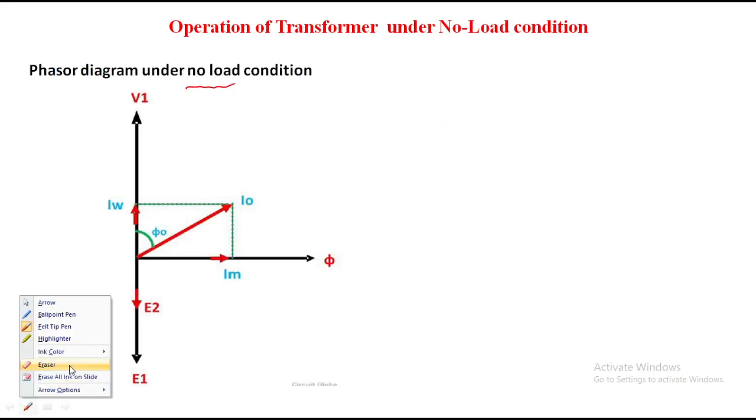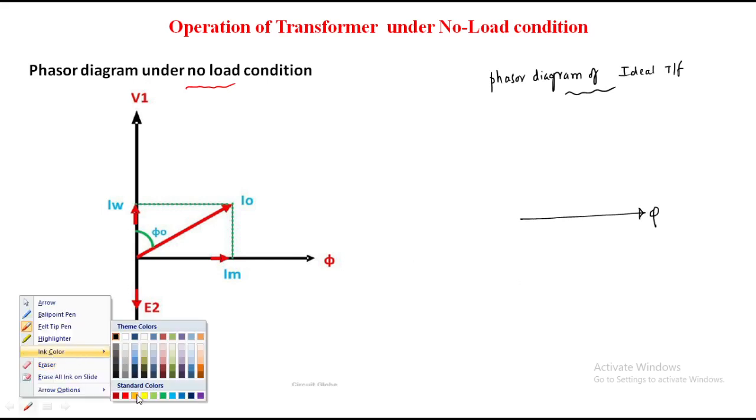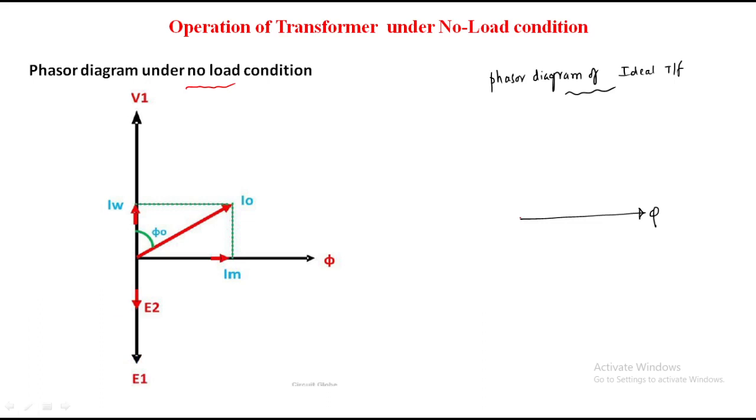Before the discussion of this phasor diagram, I would like to explain the phasor diagram of the ideal transformer. We all know that the flux is taken as reference, right? And this is I mu, right?